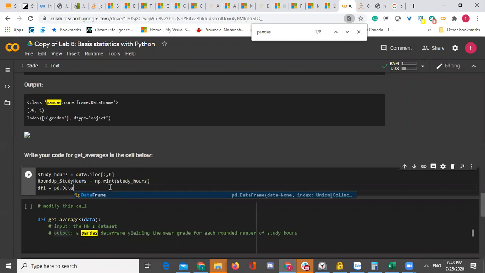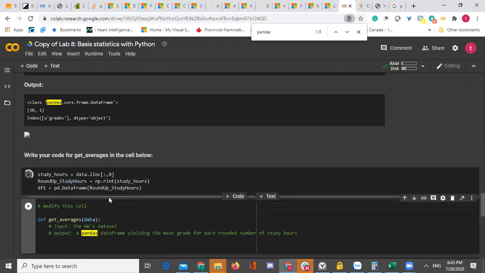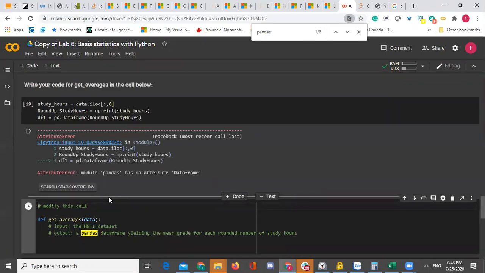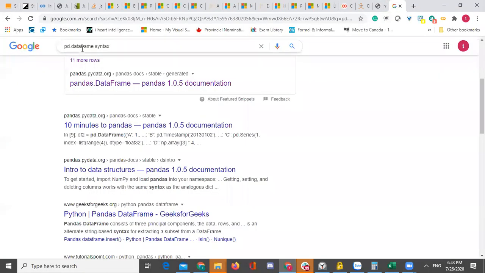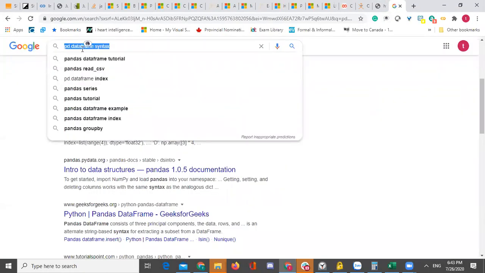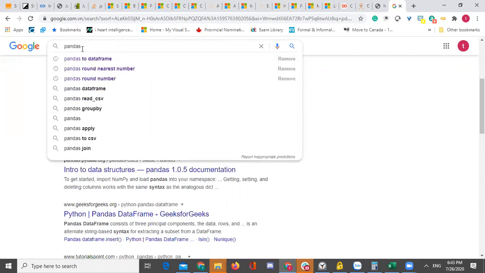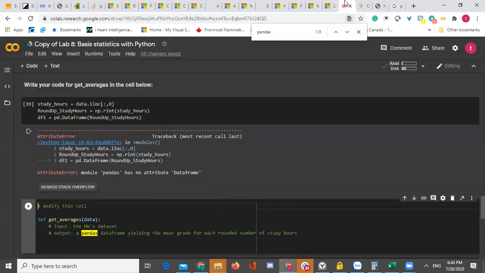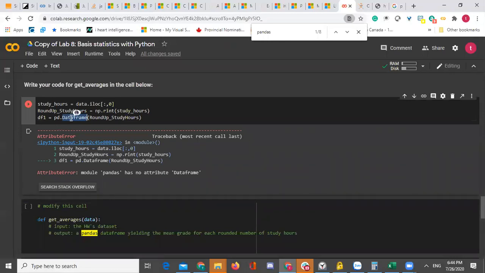So, let's see this book. When you use pd.DataFrame, you should send a dictionary containing the key, which is the name of the vector, and the value, which is the list or array of values.